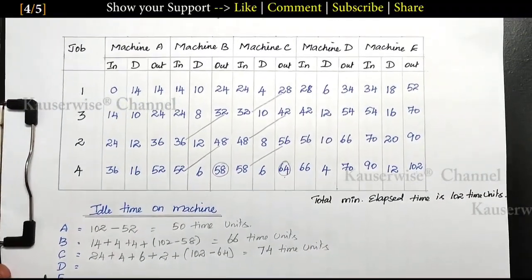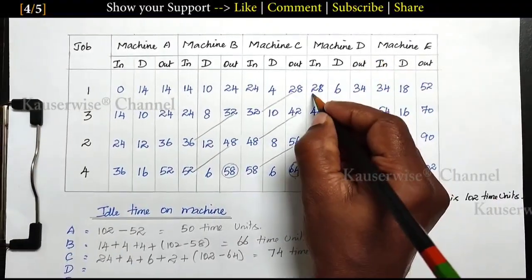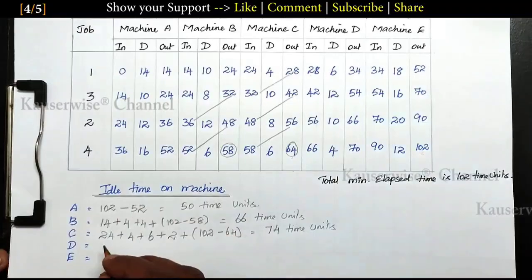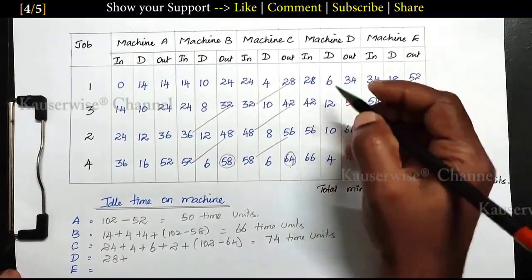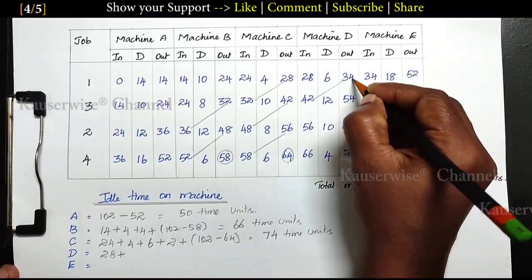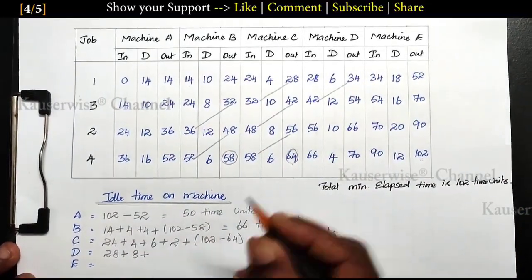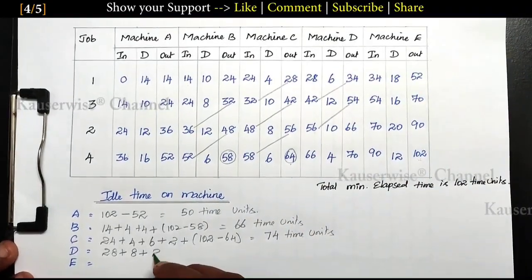In the same way, for the next machine D. Machine D starts its work at the 28th minute. Till such time it's an idle time for machine D. 28 plus, just compare the out time and in time. 34 and 42, 8 minutes. 8 plus, next 54, 56. Here 2 minutes.